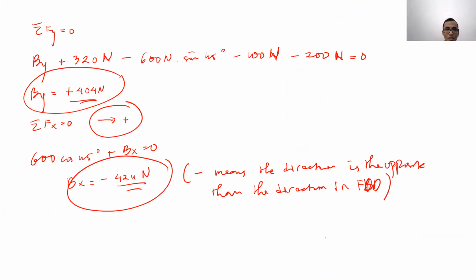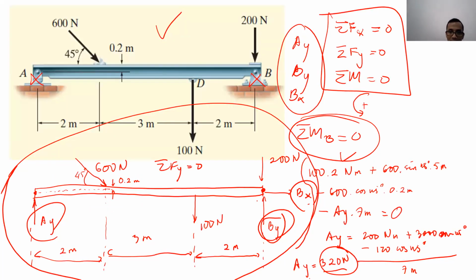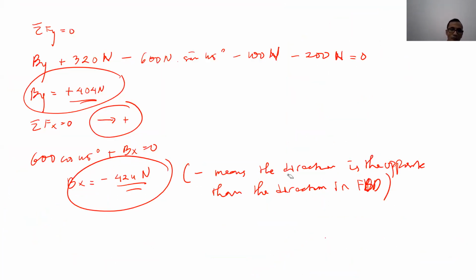Then, by using sigma fy equal to 0, Lilo found that By is 404 Newton. And lastly, by using sigma fx equal to 0, Lilo found that Bx is equal to minus 424 Newton, which means the actual direction is opposite of what we drew here. So instead of going to the right, it's going left, and the value is 424 Newton.